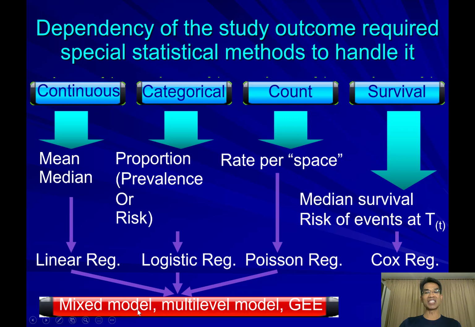Sometimes we use the mixed model: linear mixed model, logistic mixed model, Poisson mixed model, and could be multi-level or generalized estimating equation, or GEE, to get the magnitude of effect.